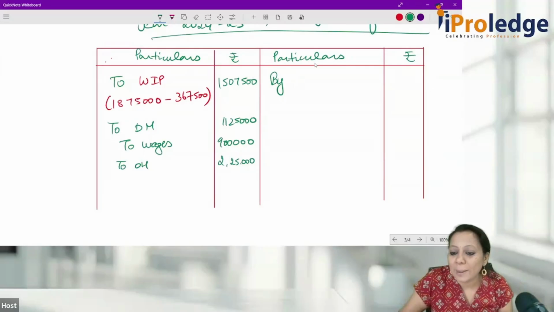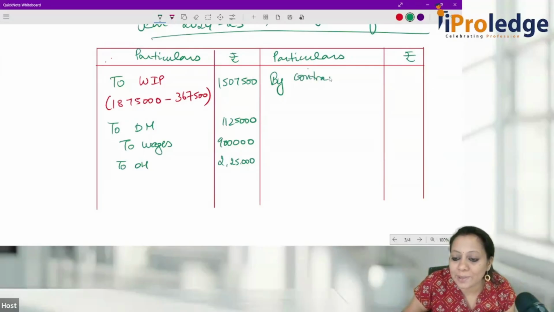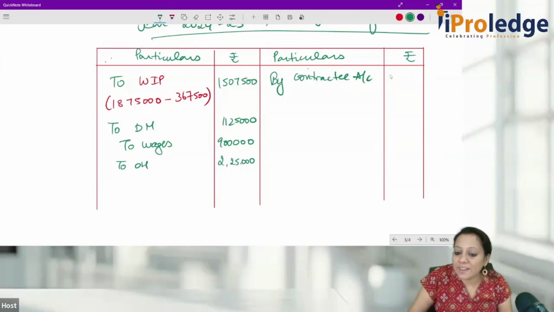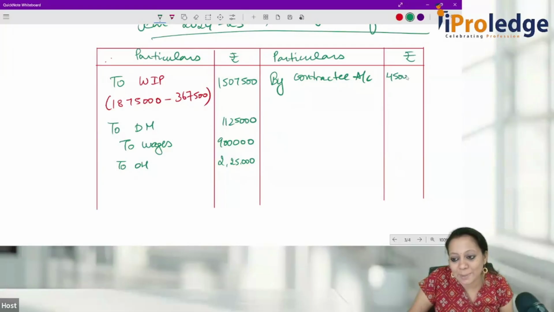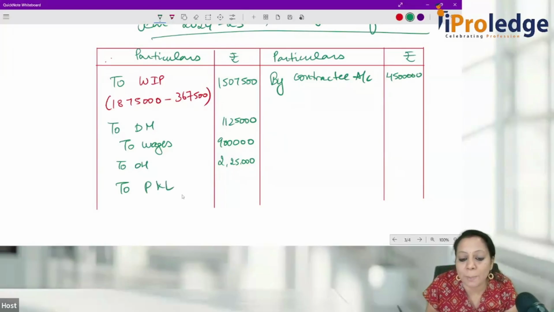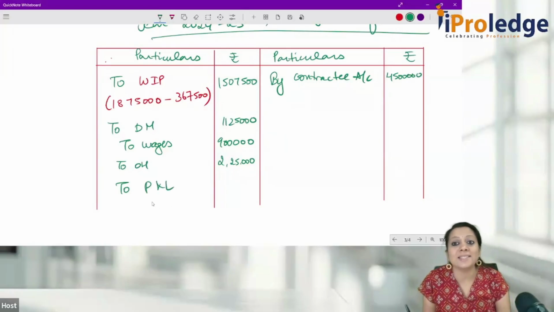Same way here also, by contractee account, because the final amount has to be closed. The full contract price was 45 lakhs, given in the first few lines of the question. Whatever is the balancing figure will be transferred to P&L account because it is the last year.